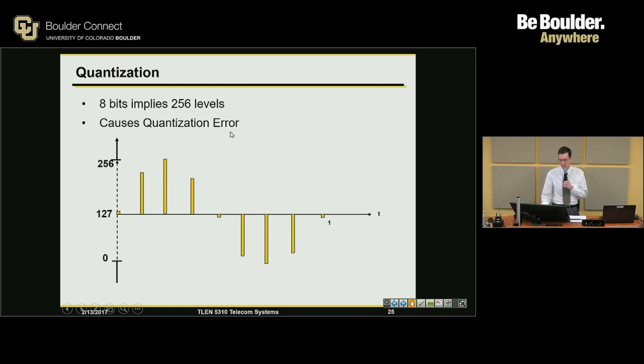Okay, so quantization. In this example, the quantization goes from 0 for the most negative to 256 for the most positive. So it's very easy to say this might be a 256 here, and this might be a 128 down there, a 0 right there.